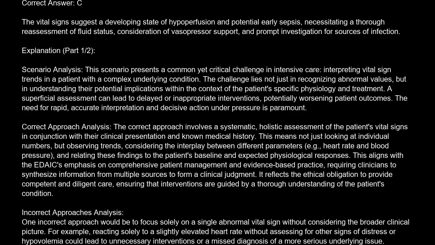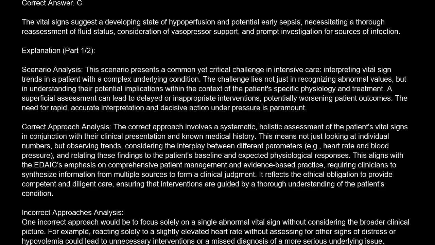Correct approach analysis. The correct approach involves a systematic, holistic assessment of the patient's vital signs in conjunction with their clinical presentation and known medical history. This means not just looking at individual numbers, but observing trends, considering the interplay between different parameters, e.g., heart rate and blood pressure, and relating these findings to the patient's baseline and expected physiological responses.